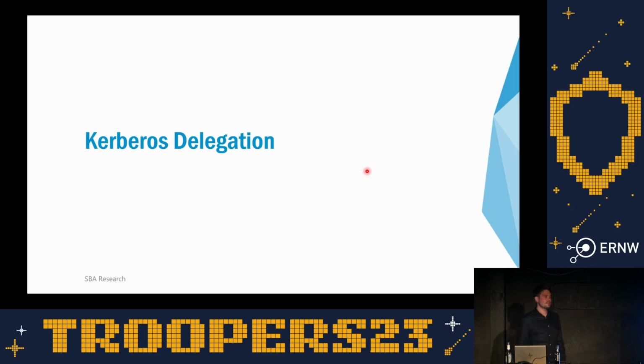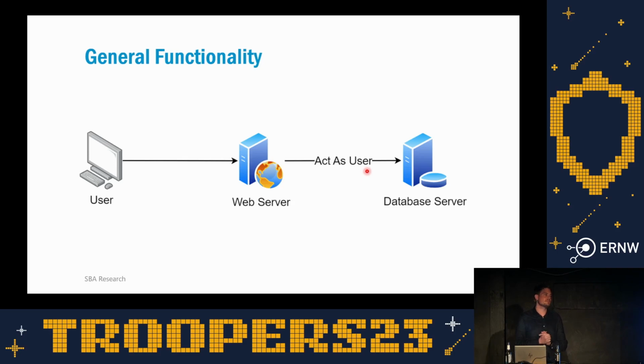Yeah, next thing that we can exploit is Kerberos delegation. I guess most of you know Kerberos delegation. Just a quick refresher if you don't. Generally, it works like this. We have a server here that we configure for Kerberos delegation. It's a web server in this case.